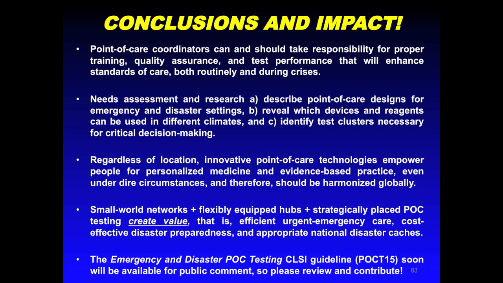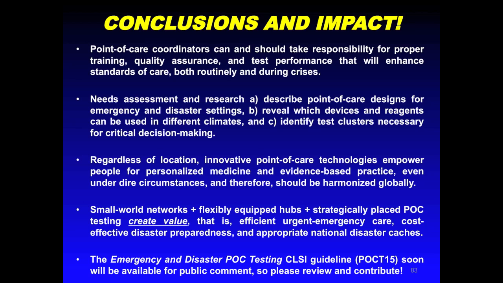The next bullet, small world networks plus flexibly equipped hubs plus strategically placed point-of-care testing create value. That is, efficient urgent emergency care, cost-effective disaster preparedness, and appropriate national disaster caches.